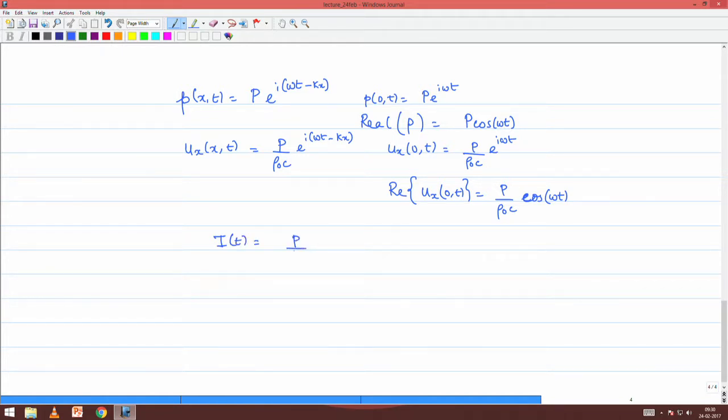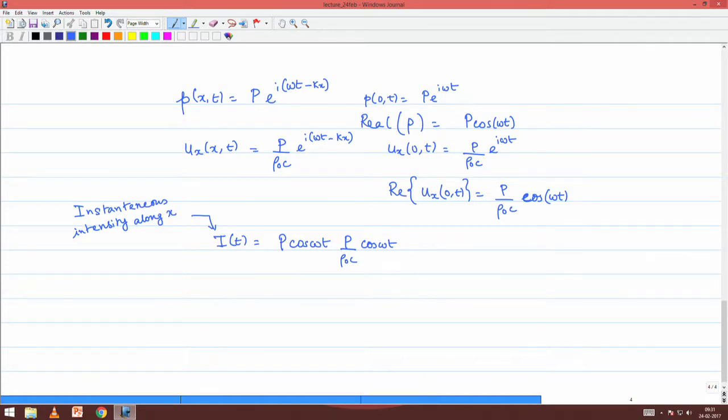So, the instantaneous intensity is going to be P cos ωt, the acoustic pressure, multiplied with P by ρ0c cos ωt, which is the acoustic velocity along the x direction. So, this is the instantaneous intensity along x.